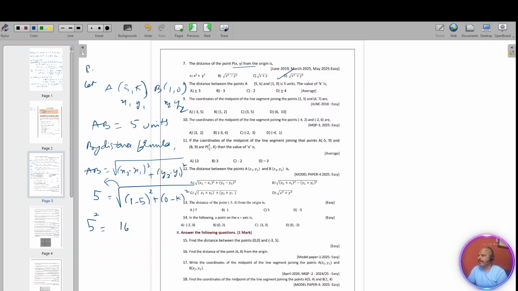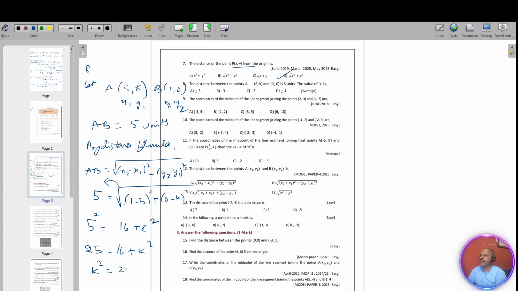And k square: 0 minus k is minus k. Minus k whole square is k square only. So that becomes 25 is equal to 16 plus k square.